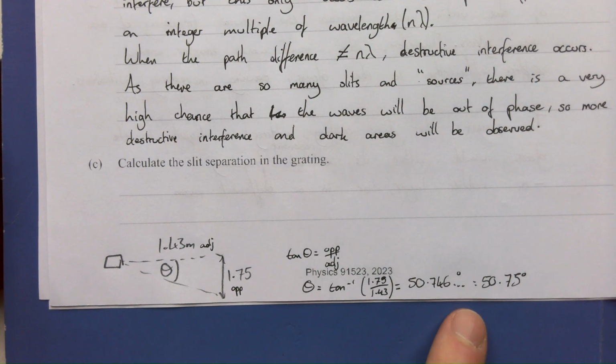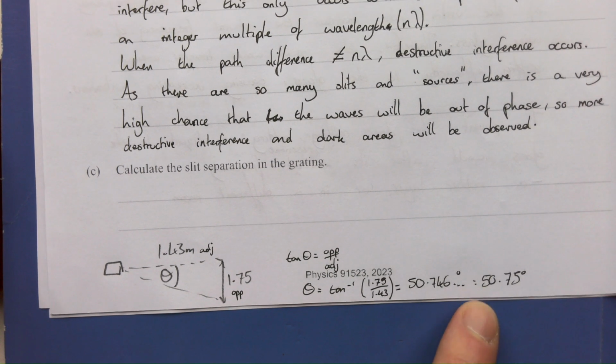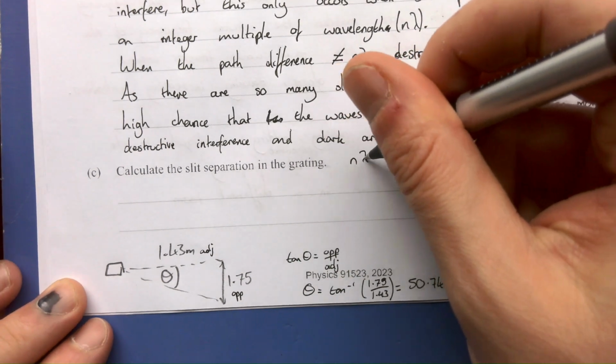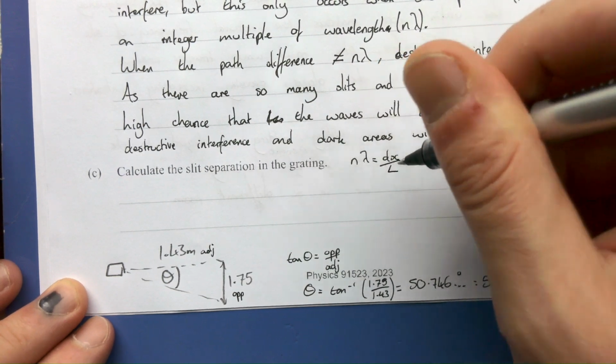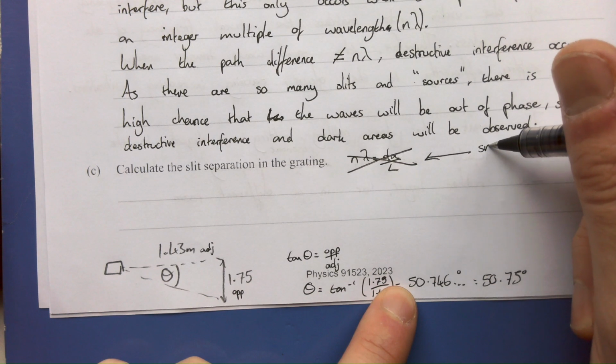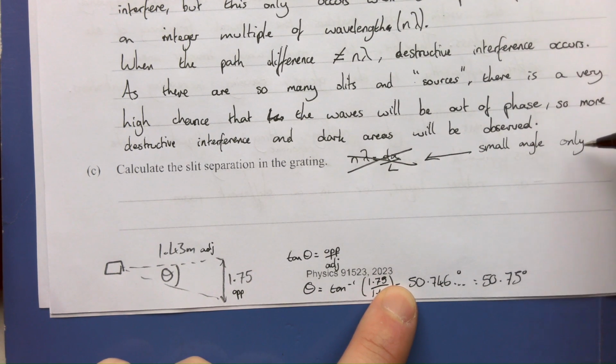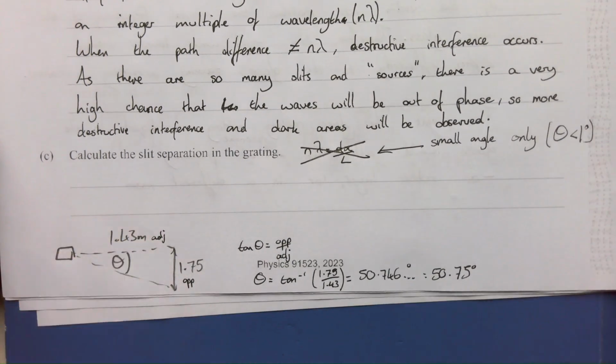Okay, now quite obviously this is not a small angle, and so we cannot use a small angle approximation, which means n lambda equals dx over L cannot be used. This is small angle only, which means theta is less than 1 degree, basically.